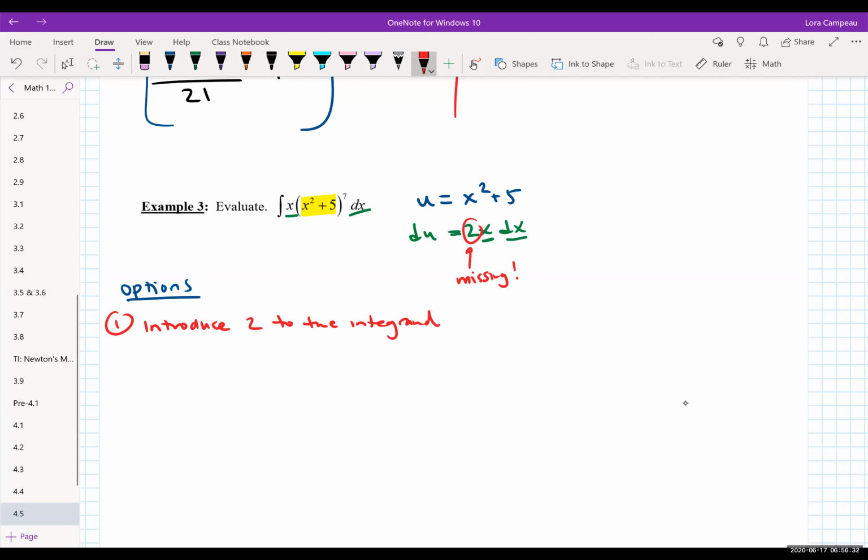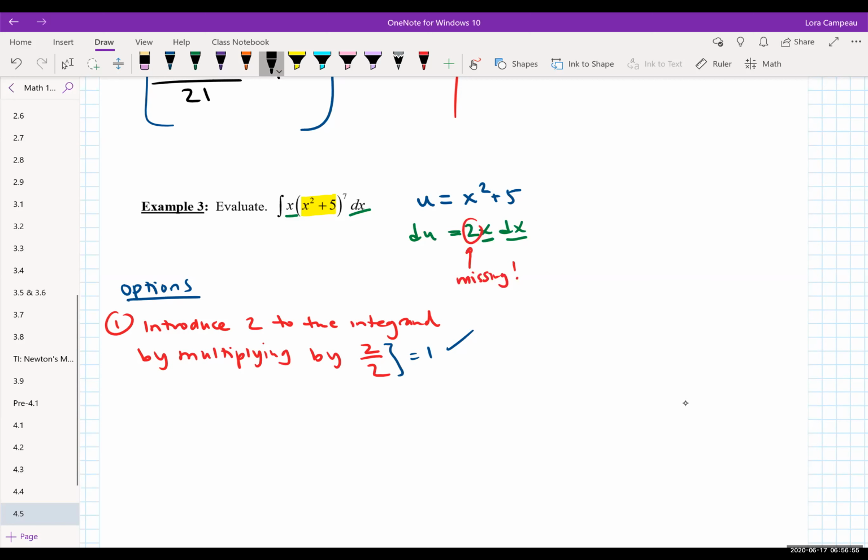You introduce the 2 by multiplying the integrand by 2 over 2, because my friends, what is 2 over 2? It is equal to 1. And it's okay to multiply anything by 1. It never changes the function. So that's one of the ways.